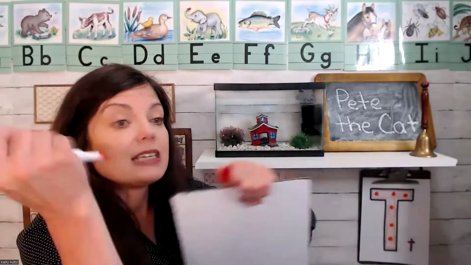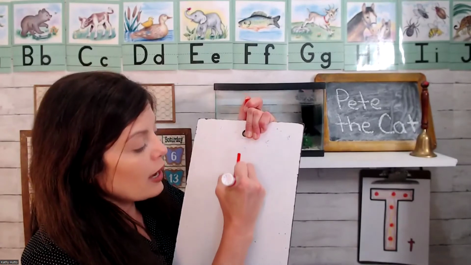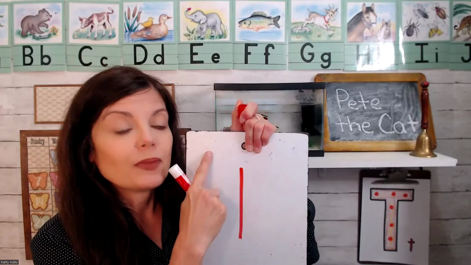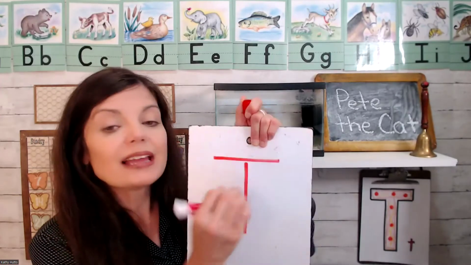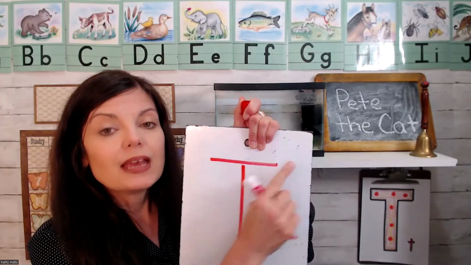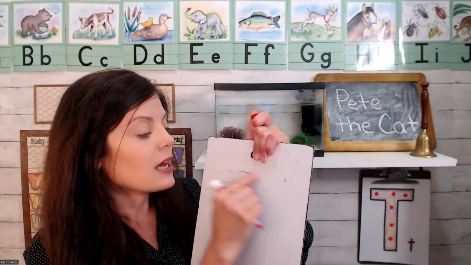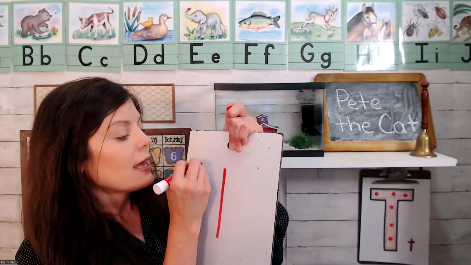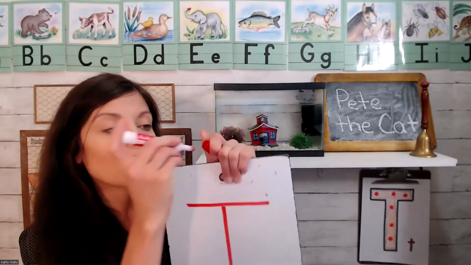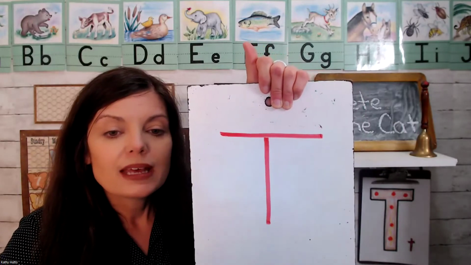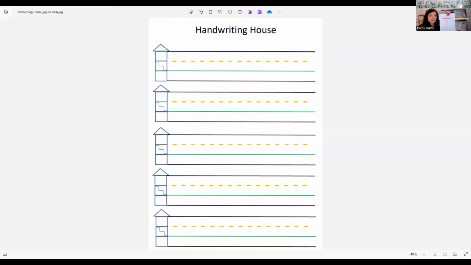So to write letter T, you're going to make a number 1, and then you're going to go to the top and move over here. You're going to make one straight line across the top. Some people want to make a line here and here, but we're going to come way over here and make one line that goes all the way across. You should only have 2 lines total, down and across. Let's practice.